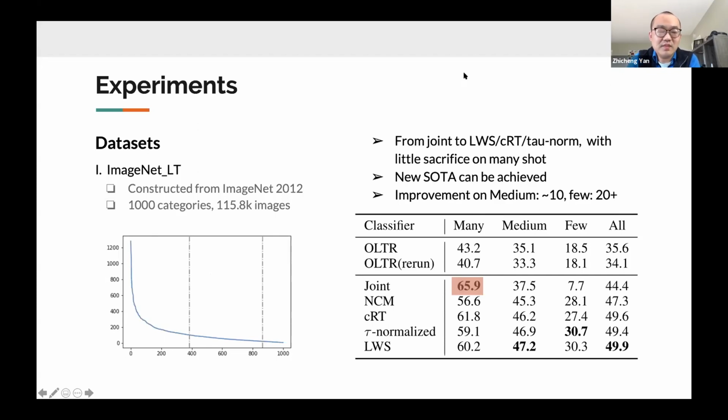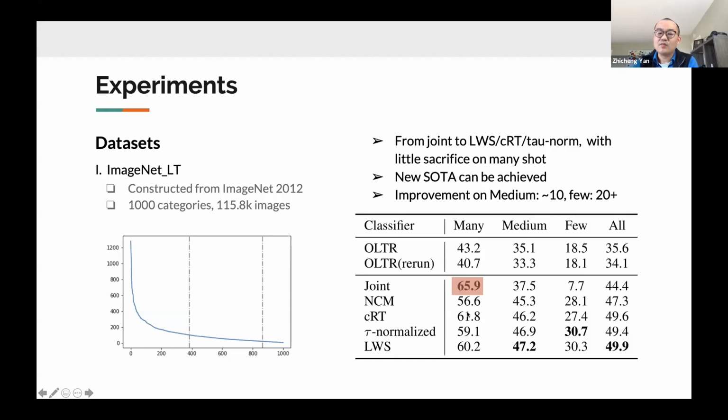The ImageNet long-tail dataset is highly imbalanced in the class distribution. The head classes can have more than 1,000 images, while the tail classes only have fewer than 100. This creates a lot of difficulty in achieving high performance on those tail classes.